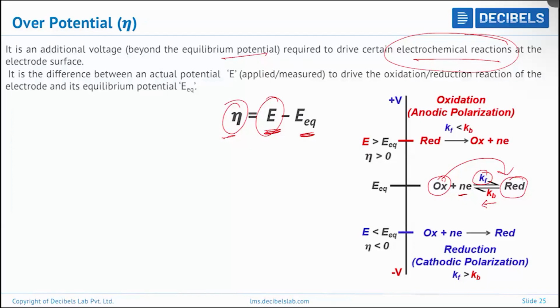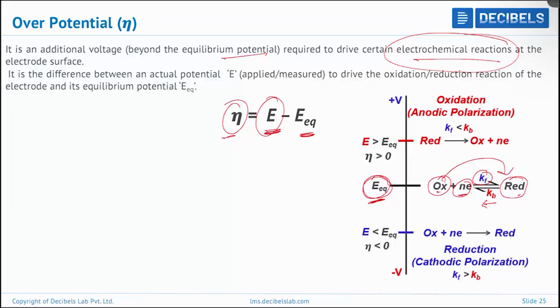If Kf is high, the forward reaction is favored, then the reduction reaction takes place, meaning the oxidized species can accept an electron and become the reduced species. Once it attains equilibrium, the potential measured when no reaction is happening is called the equilibrium potential, where there is no net oxidation or reduction taking place.